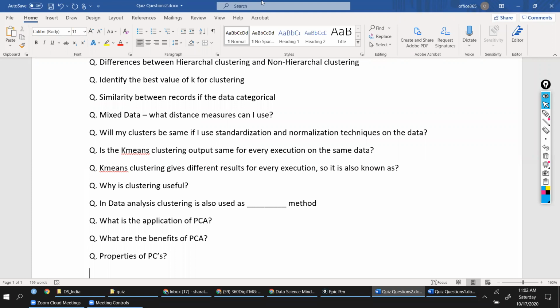Low correlated or more variance, highly perpendicular. Properties, guys, properties.